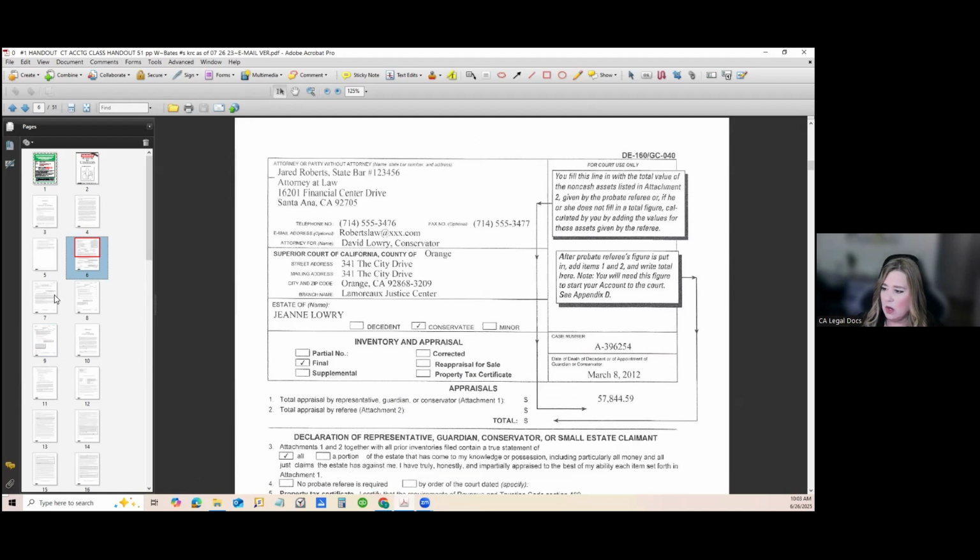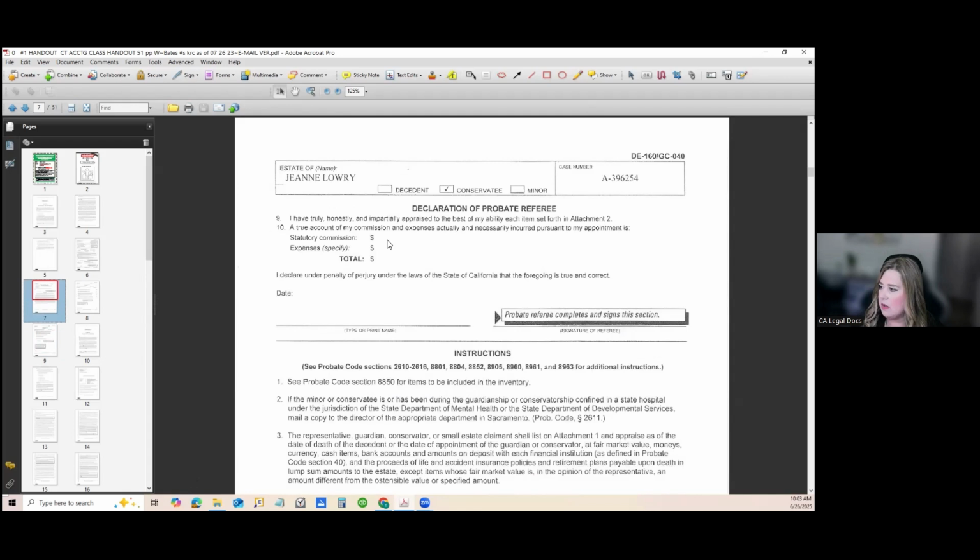They will also, on page 2 of the inventory and appraisal, put what their commission is. Typically, it's 0.01% of the value given or what they valued. And they will add expenses. Their expenses will be, let's say, toll, mileage.